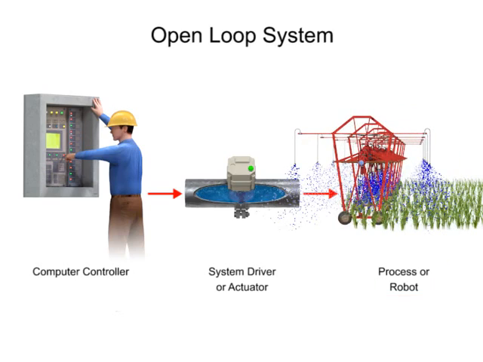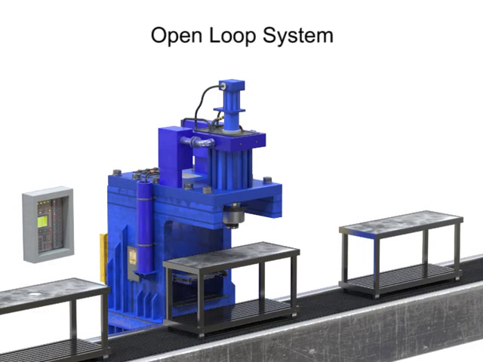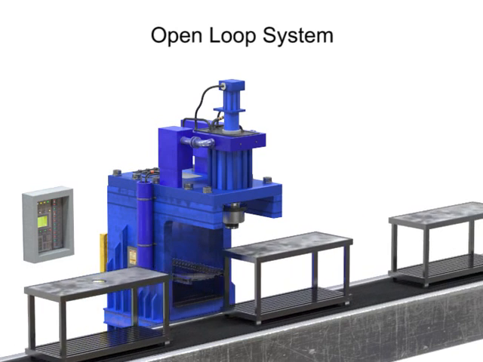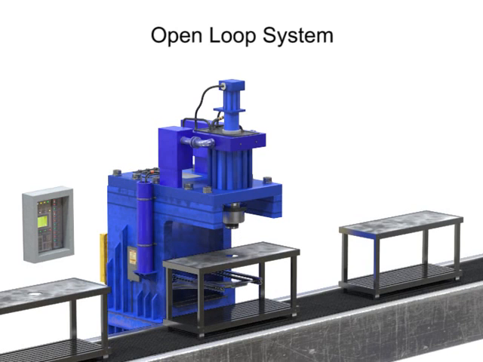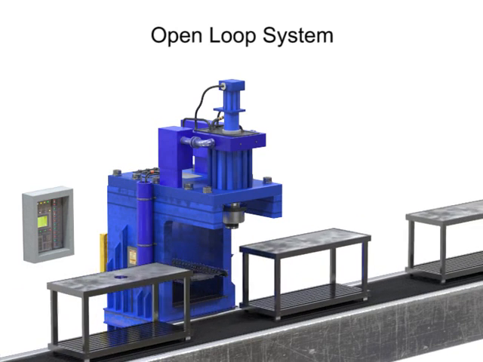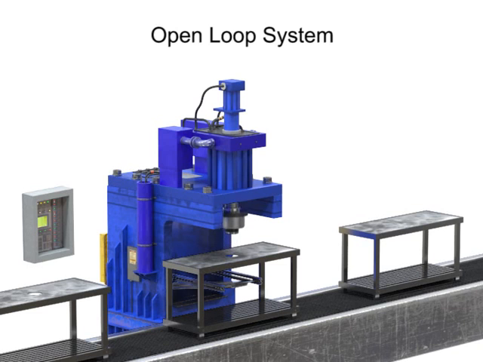Some good examples for open-loop control systems are stop-and-go conveyor systems with constant loading, and manufacturing applications with high repeatability and low variation, such as punching holes out of a piece of sheet metal or reorienting workpieces. Material handling and machine tending operations also account for many open-loop design applications.